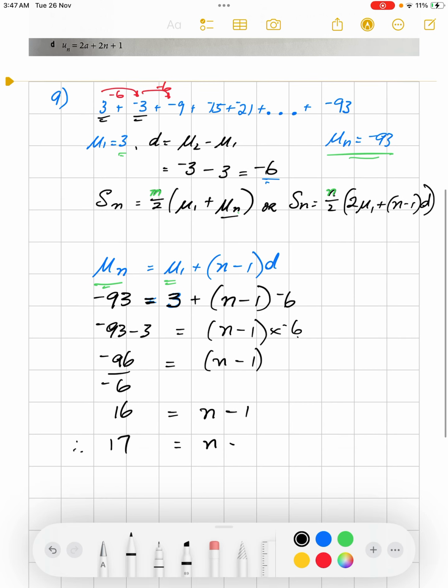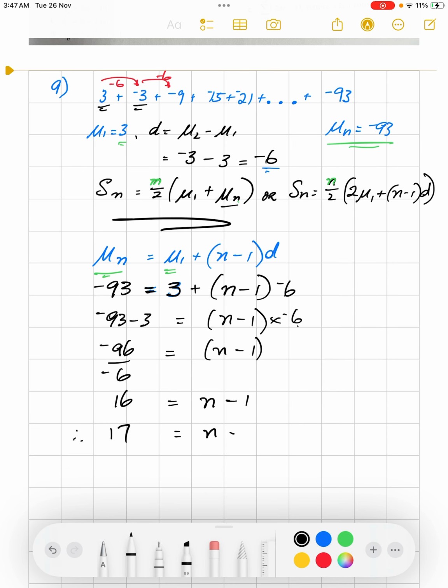And we can now use, let's go back to the first formula, and therefore our sum of 17 is, and we don't know n, the first term is 3, and the last term is negative 93. So therefore the sum of 17, and we know n is 17, so we can replace that with 17. So let's work that out. That's 8.5 lots of negative 90s.